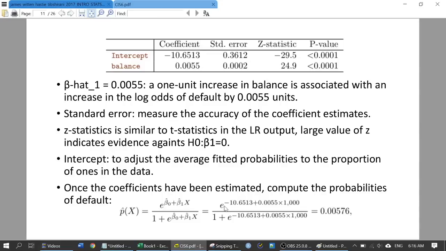You plug in all the values and compute that the probability is 0.005. So there's only a 0.5% probability that this person is going to default. This is obviously much below the 0.5 threshold that we set just now, so we will accept this person's application.